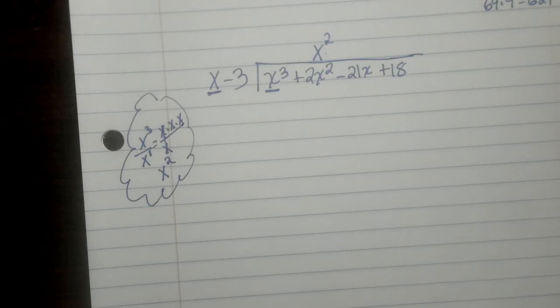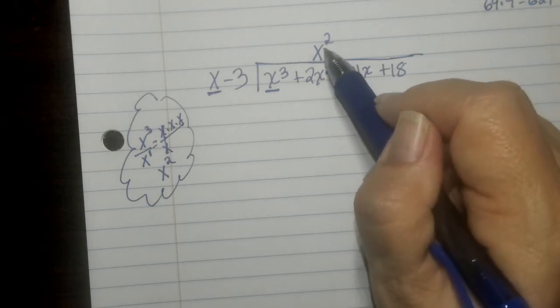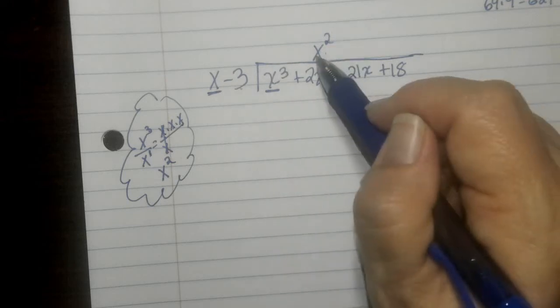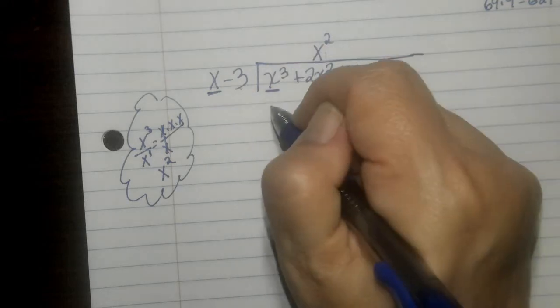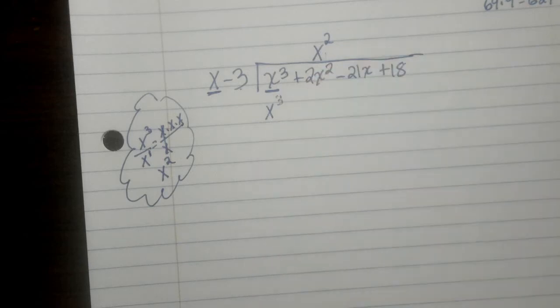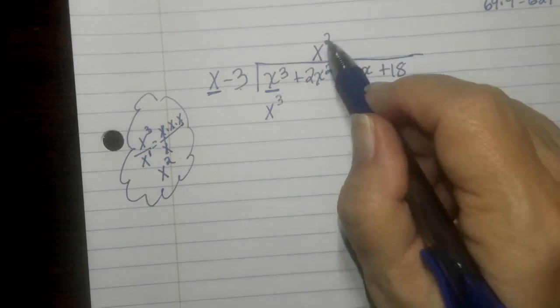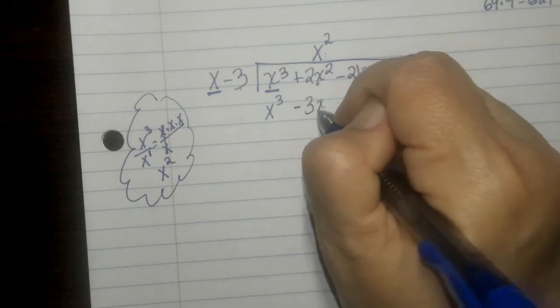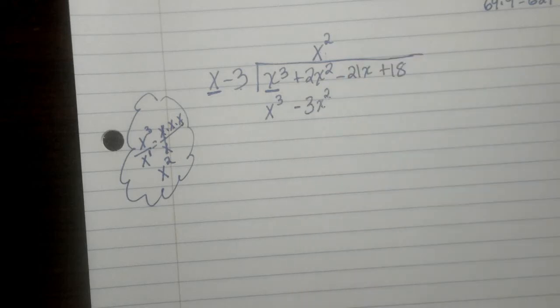Now I'm going to multiply. I'm going to multiply this x squared times each one of these terms. So x squared times x is x cubed, and x squared times negative 3 is negative 3x squared. Divide, multiply. Next we're going to subtract. This is the trickiest part.